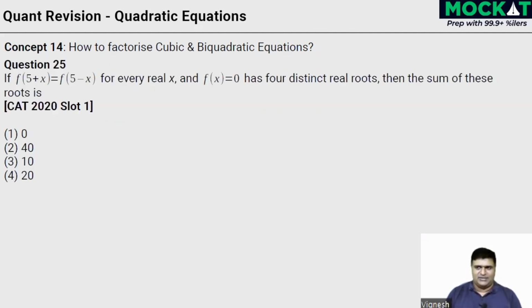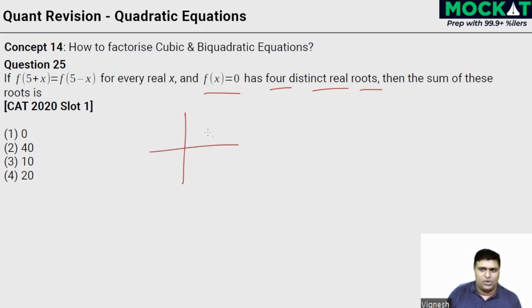That's more important. Something which has been more conceptual in CAT 2020 slot 1. In this question, we have f of 5 plus x equals f of 5 minus x for every real x, okay? F of x equals 0 has 4 distinct real roots. Then the sum of these roots is going to be what?